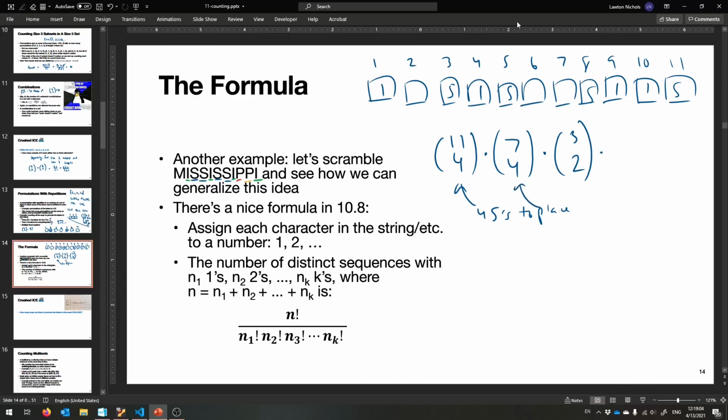And then, finally, how many ways are there? I should write this: 4 I's, and then 2 P's. And then after we've placed the P's, there's only 1 slot left for the M, times 1.